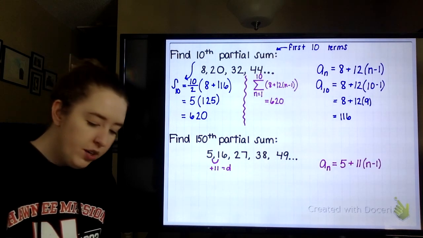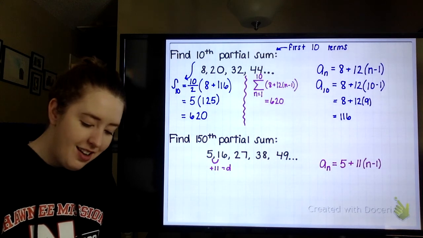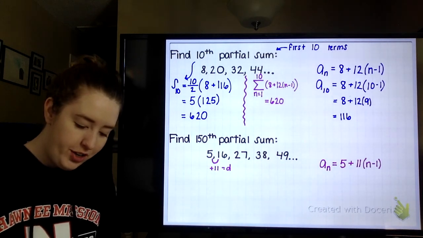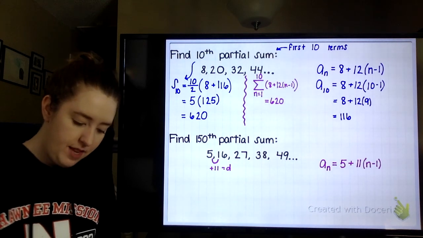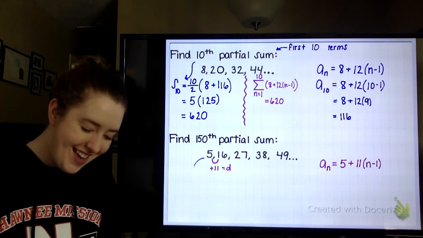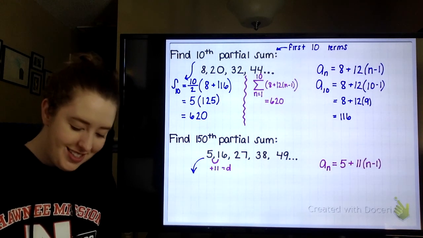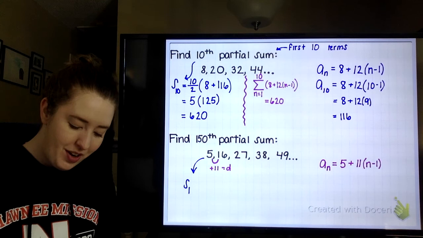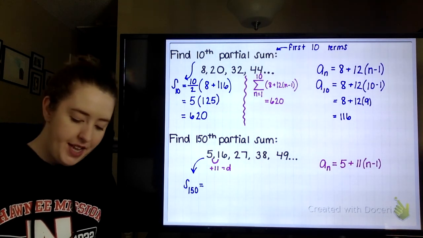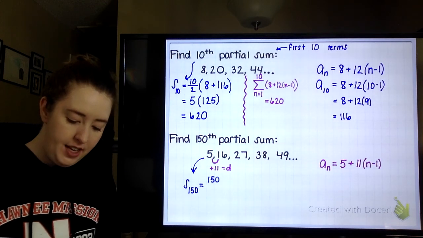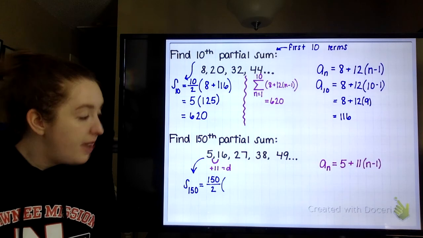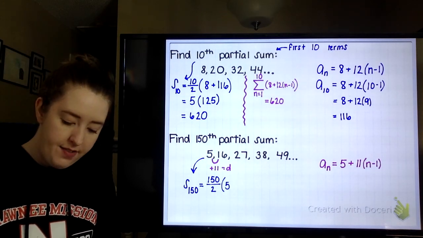So if we are going to rock this the non-calculator way, which I think we should. I'm so sorry. There we go. Okay, so non-calculator way. We want the sum of the first 150 terms. So I'm going to have to take 150 divided by 2 times, and then my first term was 5 plus.